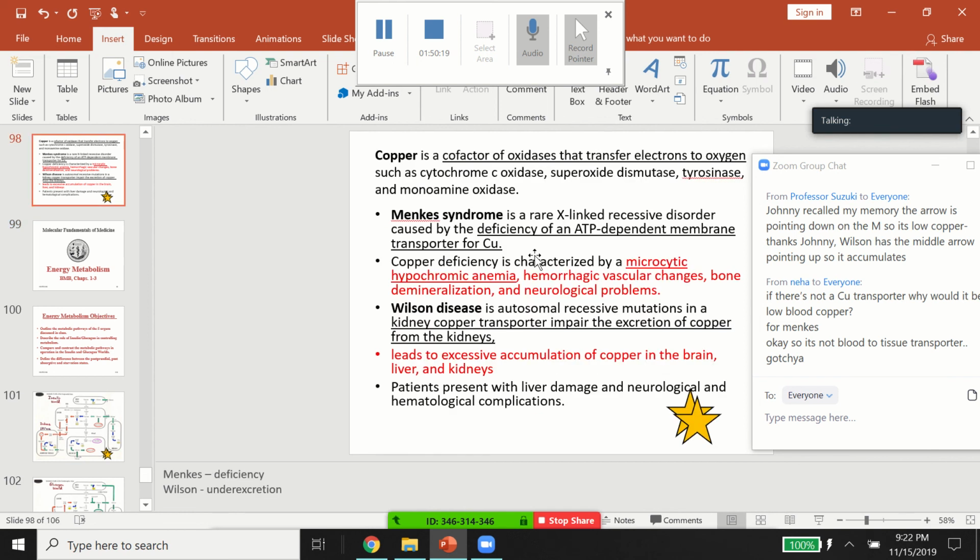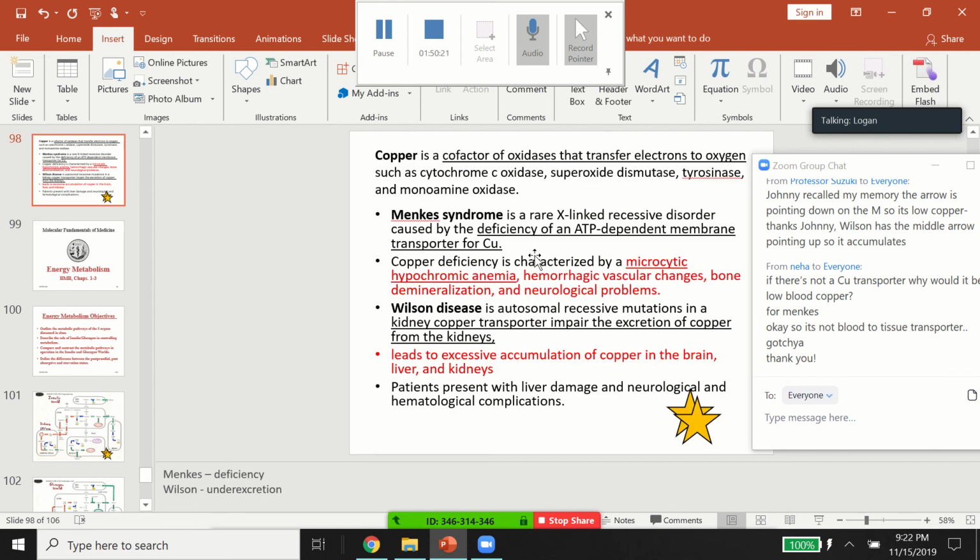So, interesting thing to note actually. I actually knew somebody. She unfortunately died a couple days ago. She's somebody I went to undergrad with. She actually had Wilson's disease, and she had quite a bit of neurological damage from that because they didn't catch it quick enough.